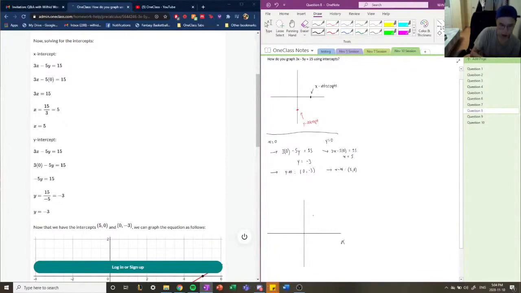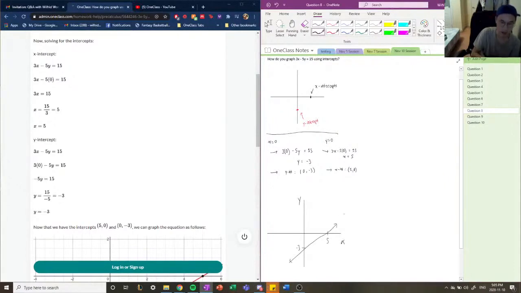So x is here, and negative 3 is here. So this is actually our line here. This poorly drawn line. Sorry, let me try one more time. Okay, so that's our line.